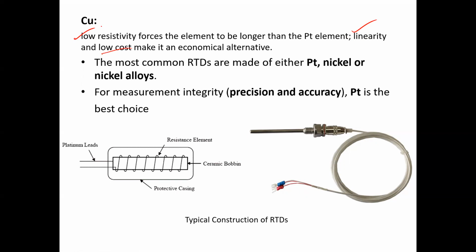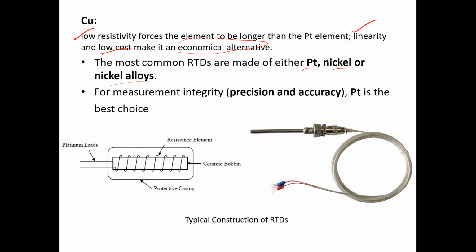However, due to low resistivity, you know that a larger volume of the material will be required to obtain a specific value of resistance, which will increase the size of the transducer. But for economic operations, if cost is an issue, then it could be an economic alternative to platinum or nickel. But mostly these two are used for constructing RTDs.